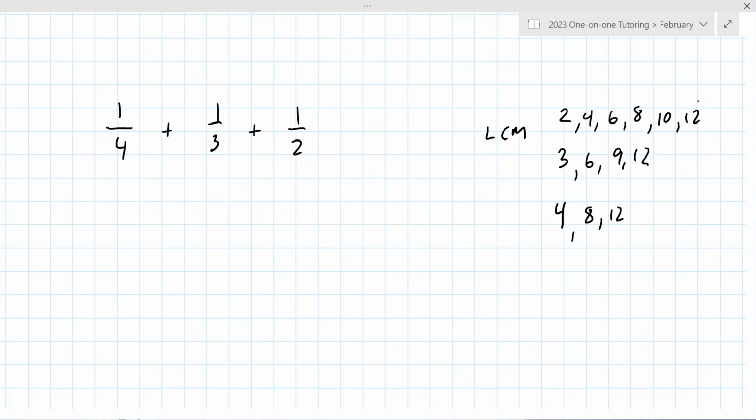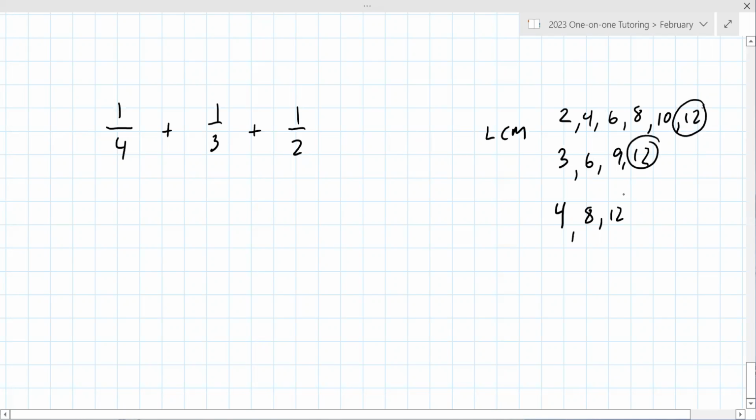What is the least common multiple? I think that it's 4. So 4 isn't in all of them. Oh wait, they all have 12.